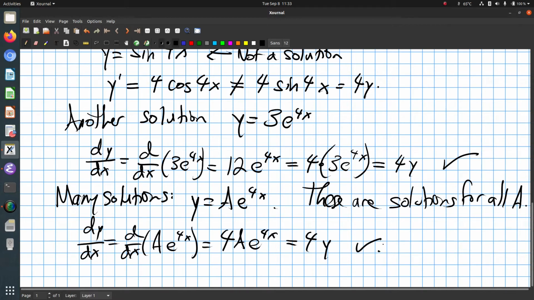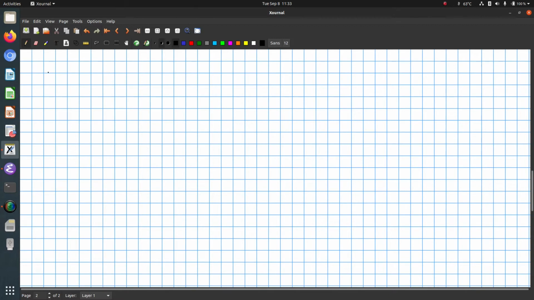Now, let's pick a specific solution that we'd like to find. So let's add a piece of information to this differential equation. Usually I like to write these with curly brackets, and I like to say, let's find the particular solution that has, I don't know, y(1) = 3.